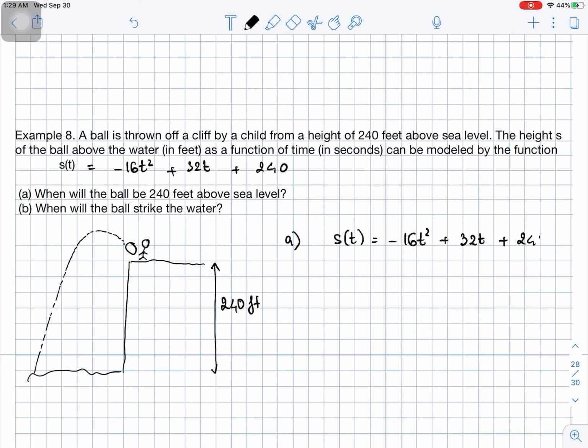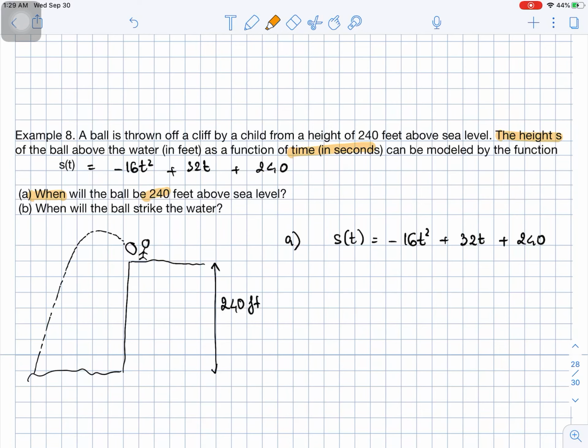So let me first write out the model of the function. This is the notation of the function. So you say s of t. S in this case represents the height, and t in this case represents the time, and the time is in seconds.